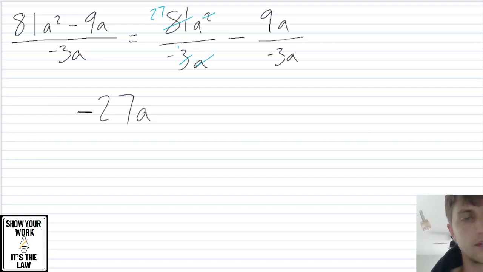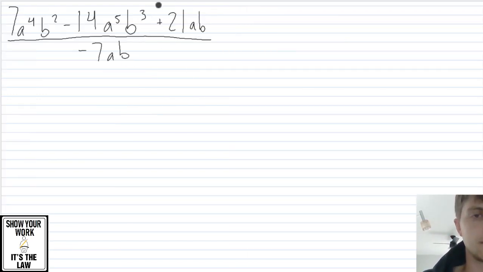And then we go over here. We have 3 goes into 3 once, 3 goes into 9 3 times, and then we have an a on the top and the bottom, which means they just cancel. And we also have two negatives, which we can cancel out right now, which means we're left with a positive 3.